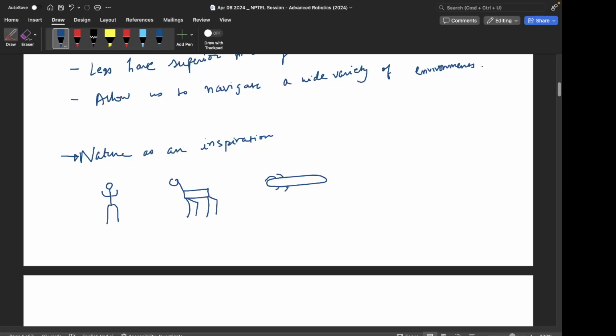Here the number of legs is even more, right? And not only legs, but in nature there is a tail also in animals for balancing and improving mobility, right? So that appendage is also used in locomotion. So, different configurations, right?